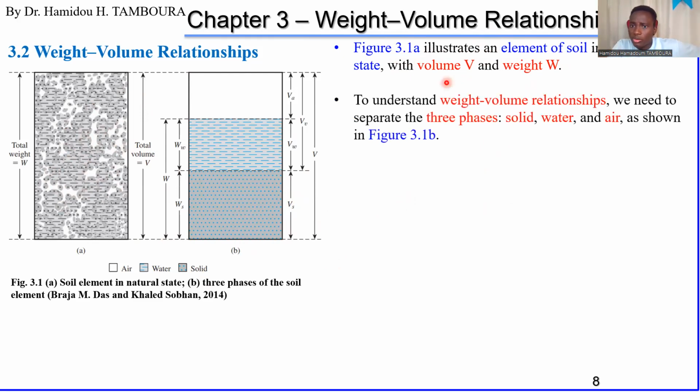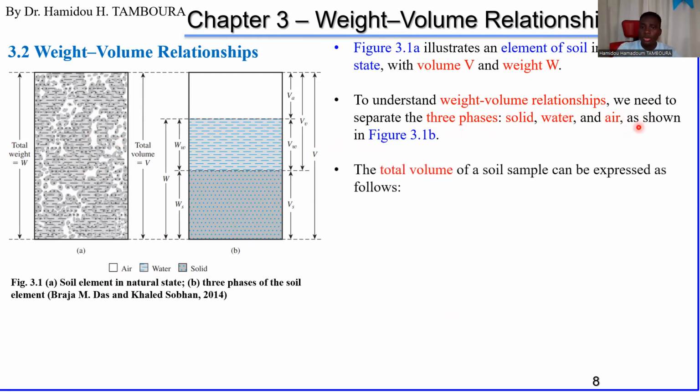To understand this weight-volume relationship, we need to separate the soil sample into three phases: solid, liquid, which is here water, and gas, air here. So the total volume is this. I have explained this already, right?